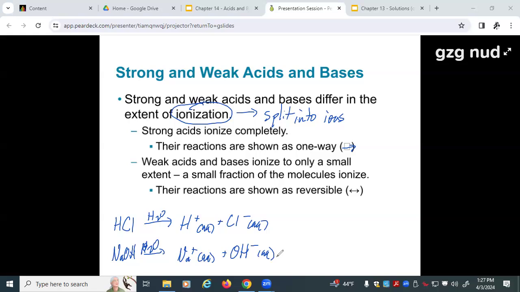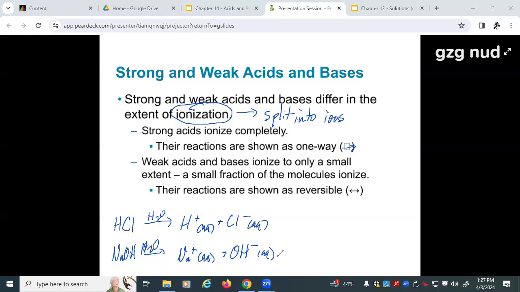Weak acids and bases, on the other hand, we don't see that complete ionization taking place. What we see instead is partial ionization, incomplete ionization. In terms of electrolytes, what does that mean? That means we get weak electrolytes.